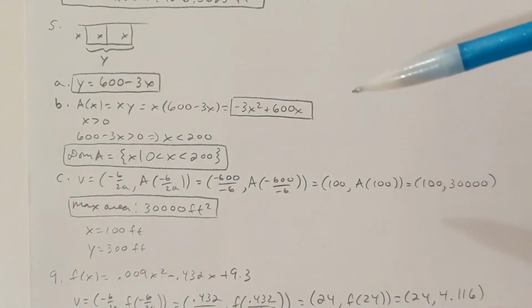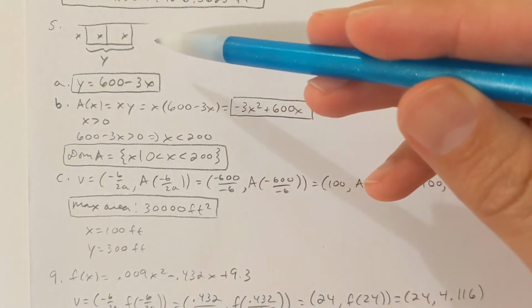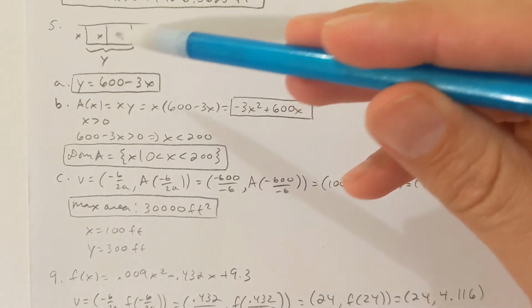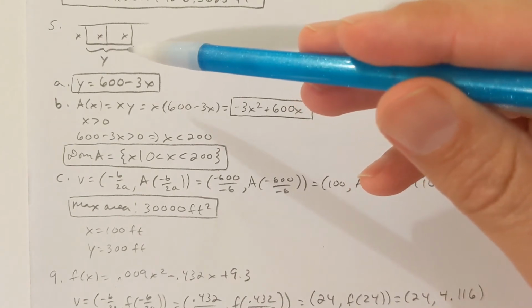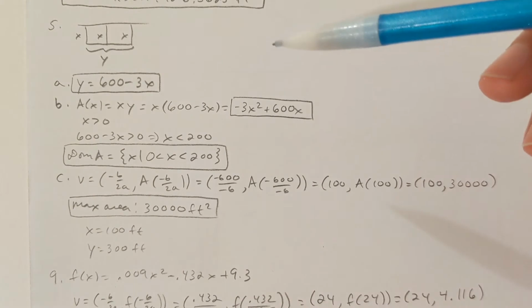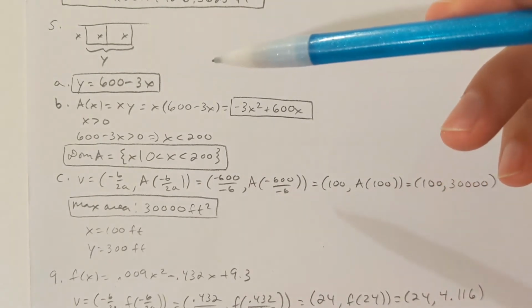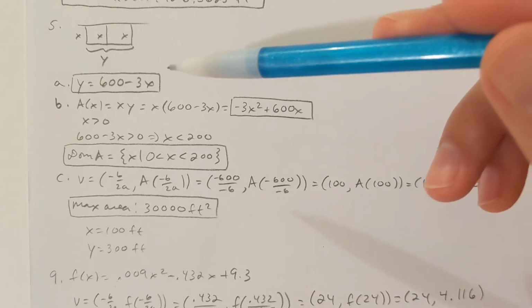Well, part A, and by the way, here's our river that we've got, and we've got x feet. I'll call the remaining distance y feet. And so part A, what is the length of the remaining piece of fencing in terms of x?